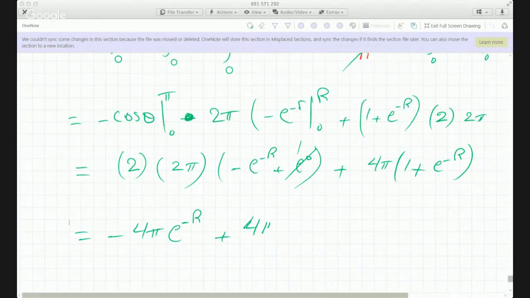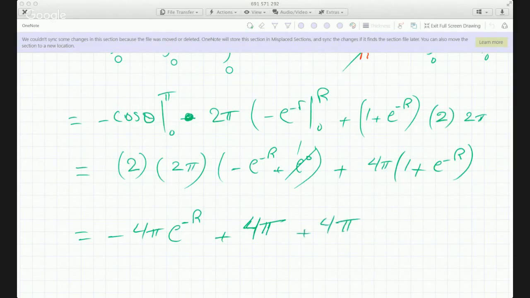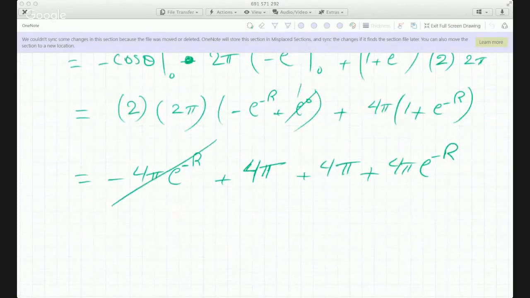So 4 pi plus 4 pi, plus 4 pi e to the minus r. And you can see that this guy and this guy cancel out, and what do we have left? 8 pi.